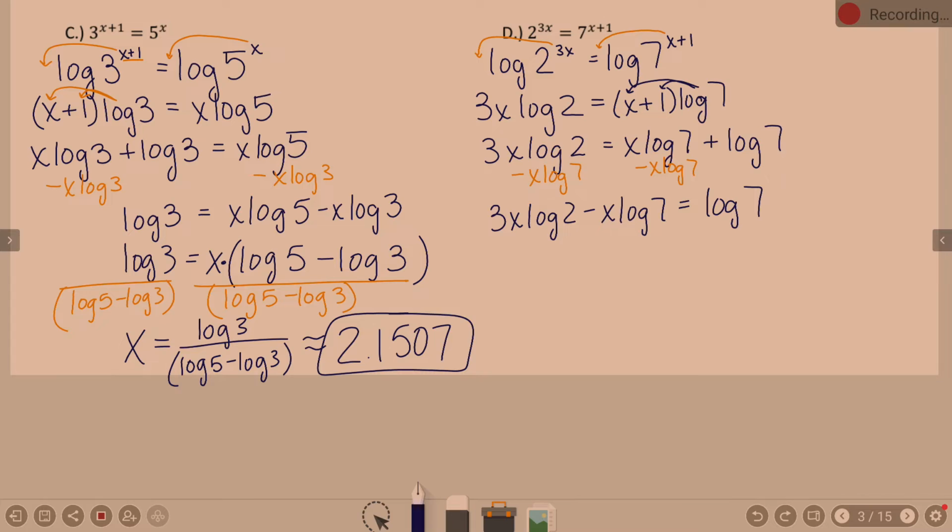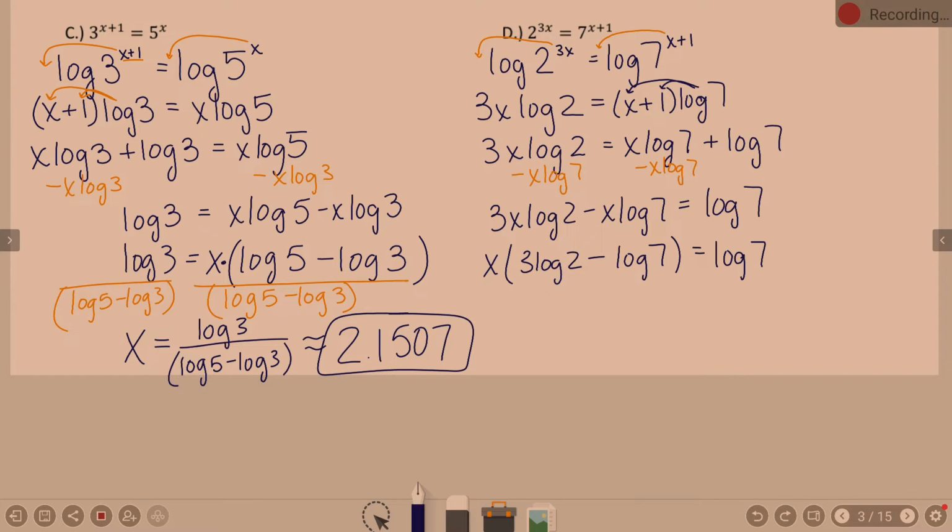And now I'm willing to talk about factoring the x out. So if we factor that x out, if you have 3x log 2 and you factor the x out, the remaining pieces are 3 log 2 minus log 7, equals log 7.